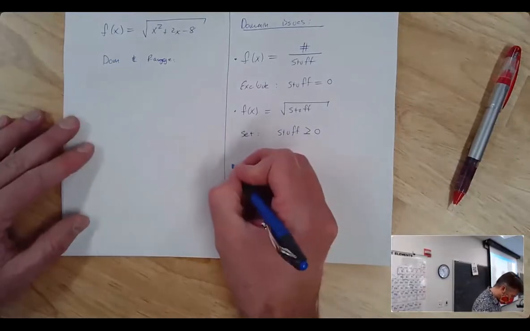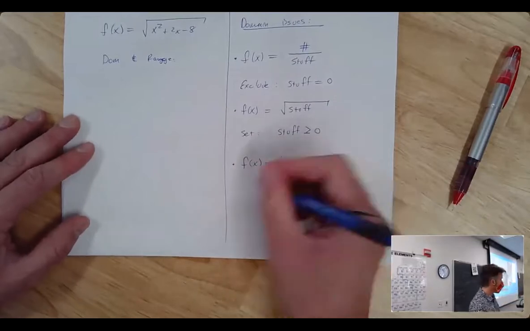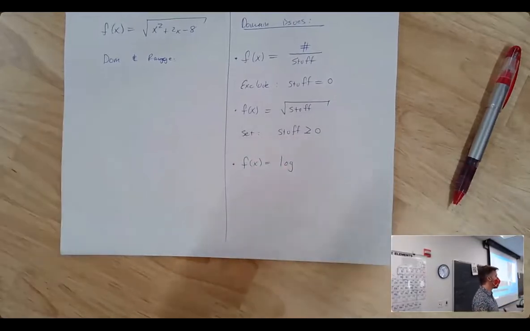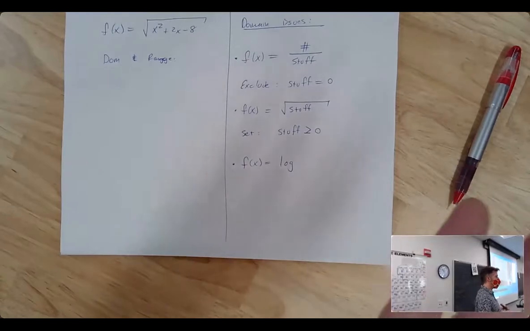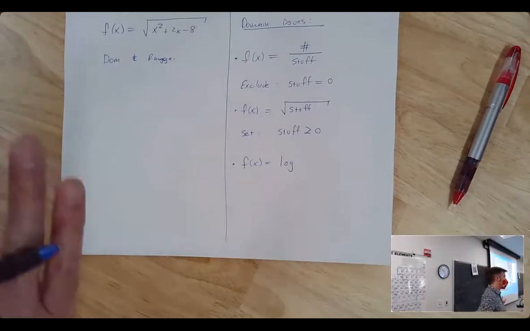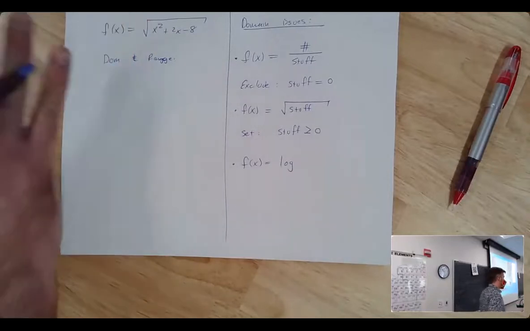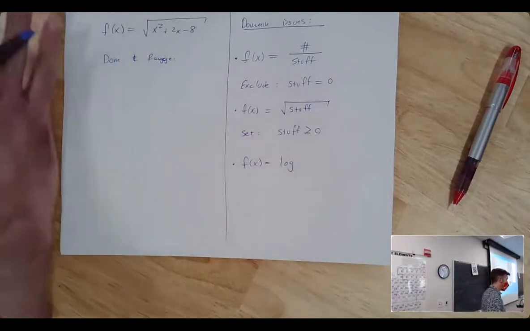And lastly, if our function is a logarithm of some stuff, doesn't matter what the base is, the base should be a normal number, meaning when you take a logarithm, the base should either be a positive integer or the number e. You could have a base of 1/2 or 2/3 or square root of 2, but no one is ever going to ask you to talk about a logarithm whose base is the square root of 2 or 1/2 or 2/3.